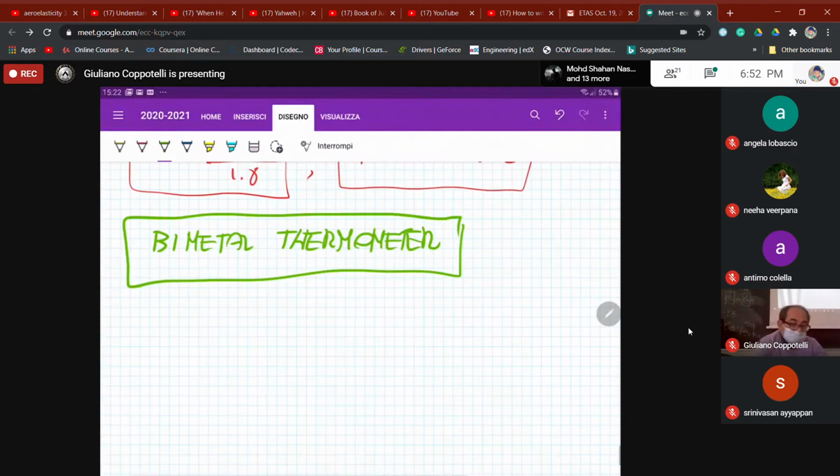As the name is suggesting, this kind of thermometer is composed by two foils of different materials. Okay, let me write that like this. We have one foil and to this foil we are having another one located just like this.